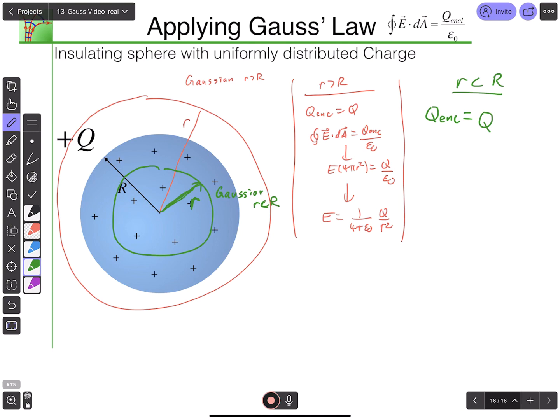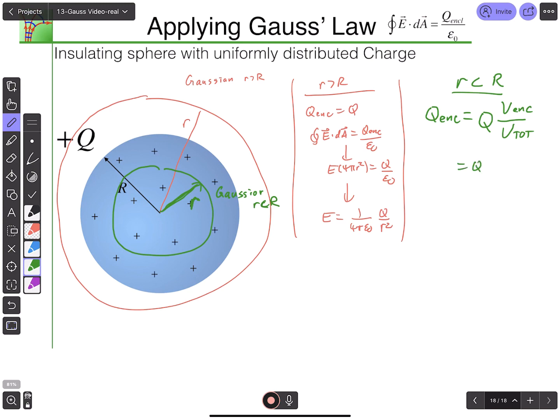It's a fraction of the total charge, and the way you can do it is you take the enclosed volume, not area, by the sphere divided by the total volume. That fraction will give you how much of the charge is enclosed.